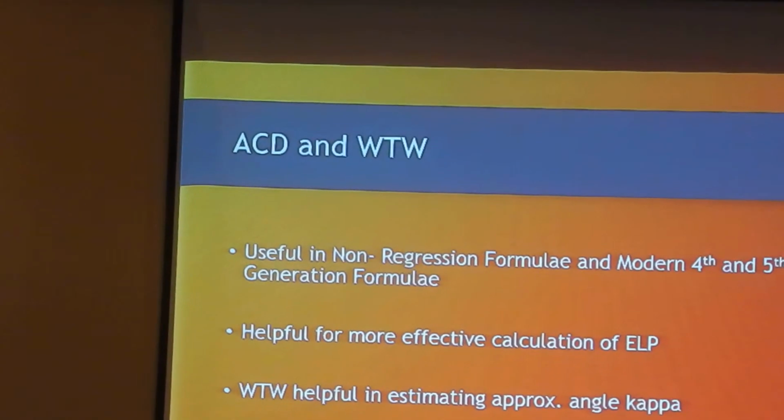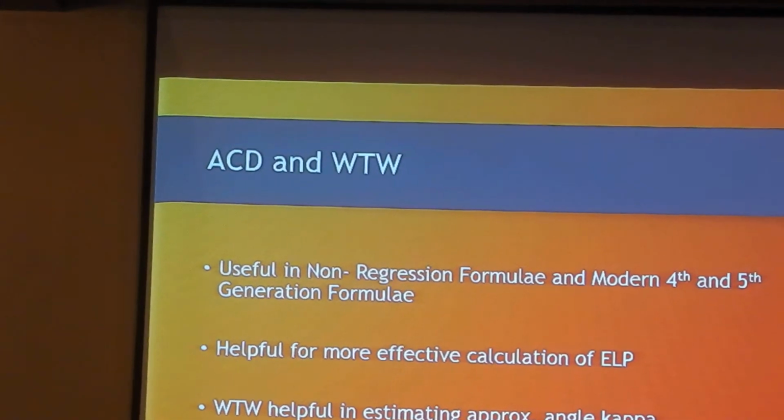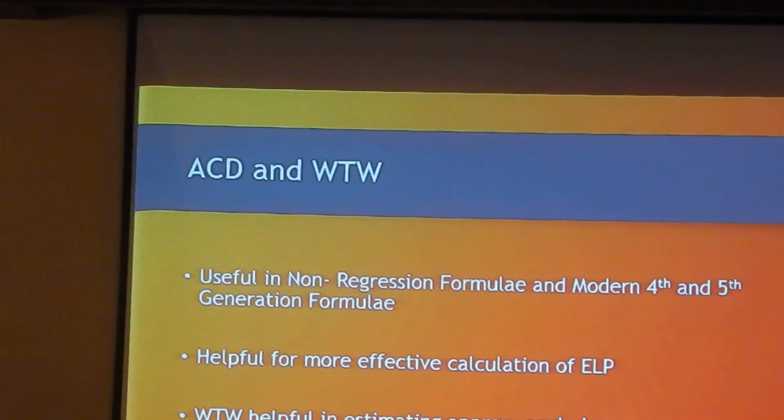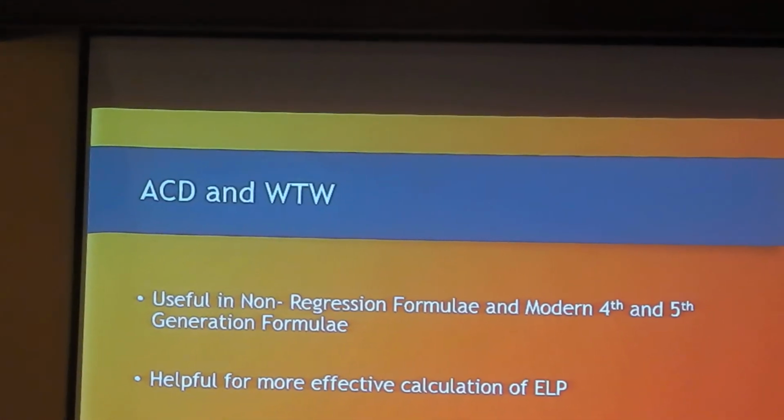Holladay taught us that there are 9 different types of eyes, from the long eyes with the short anterior segments to the short eyes with the long anterior segments. So there are 9 different types. So when you get the anterior chamber depth and the lens thickness, you are able to more effectively predict where is going to be the effective lens position. Remember, the eye has bimodal convergence.